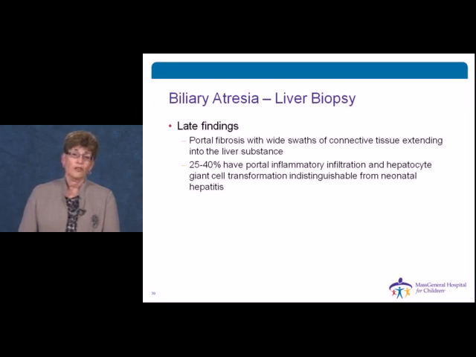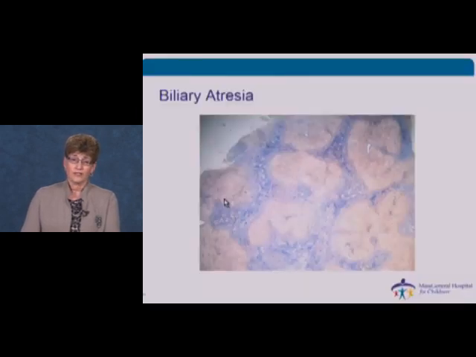And there's portal inflammatory infiltration with giant cell transformation in some infants, which is indistinguishable from neonatal hepatitis and indistinguishable from some of the intrahepatic cholestatic syndromes. And this blue is the collagen that's being put down and the fibrosis that's being seen. And basically you have a cirrhotic type of picture here.